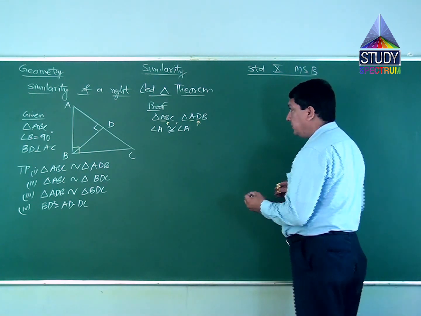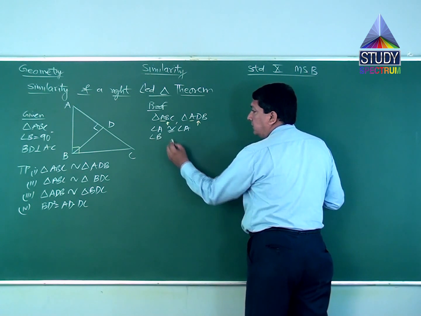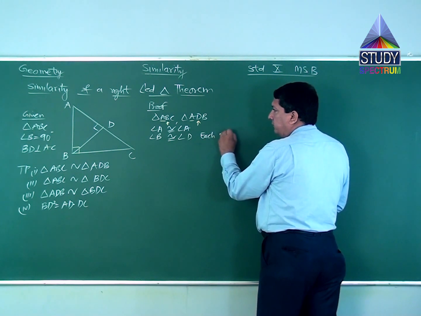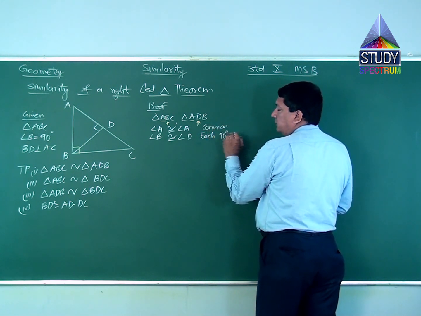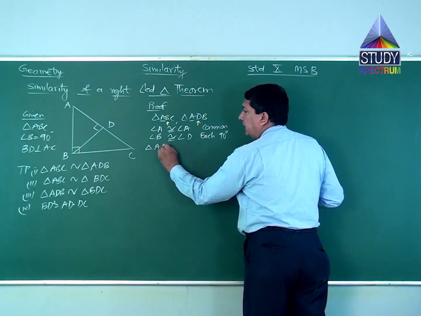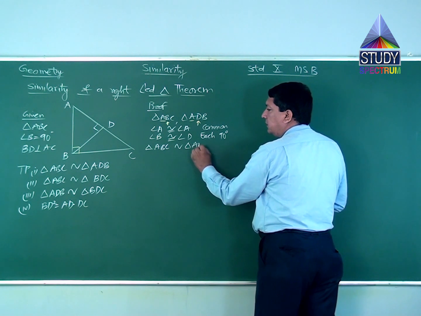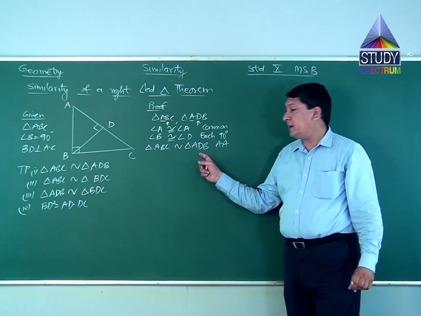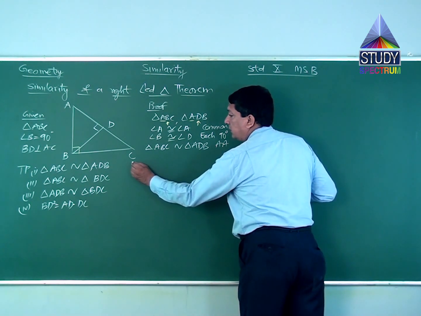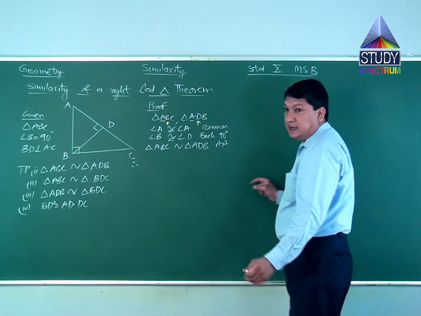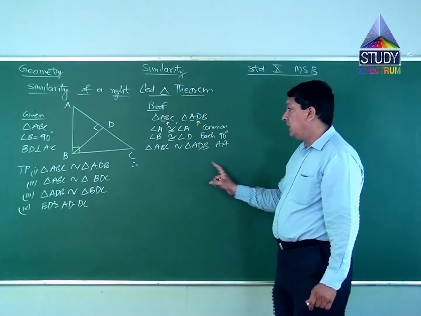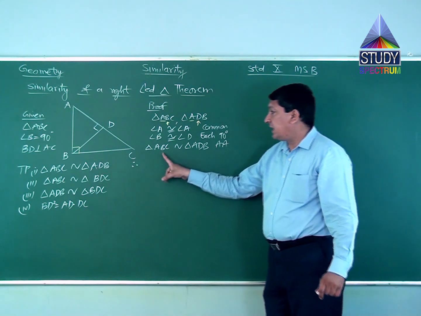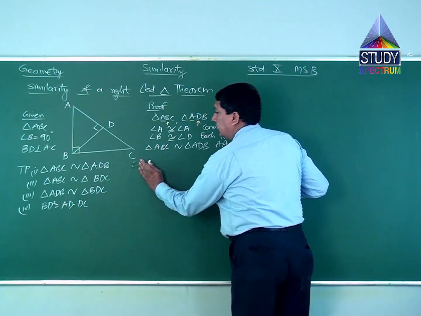Because both angles will be 90 degrees. This is a common angle. Therefore, triangle ABC is similar to triangle ADB by the AA test of similarity. If triangles are similar, corresponding sides are in proportion and corresponding angles are congruent. We have got the first answer, that is triangle ABC similar to triangle ADB. Now we will do the second part.